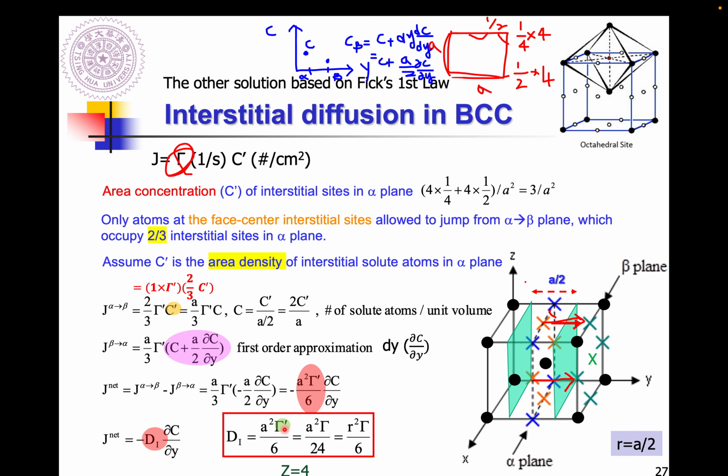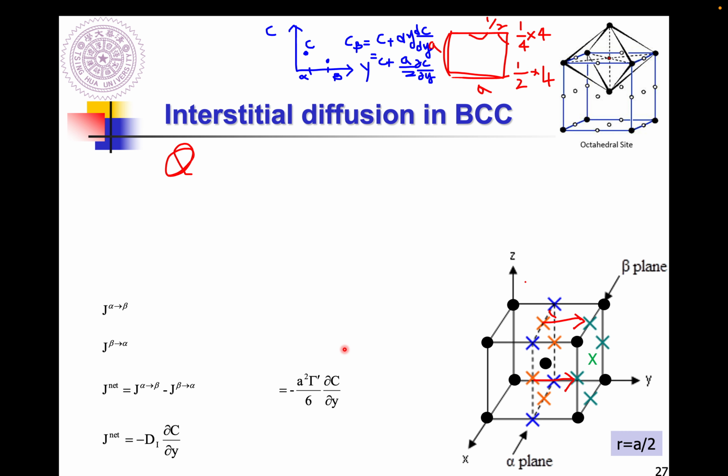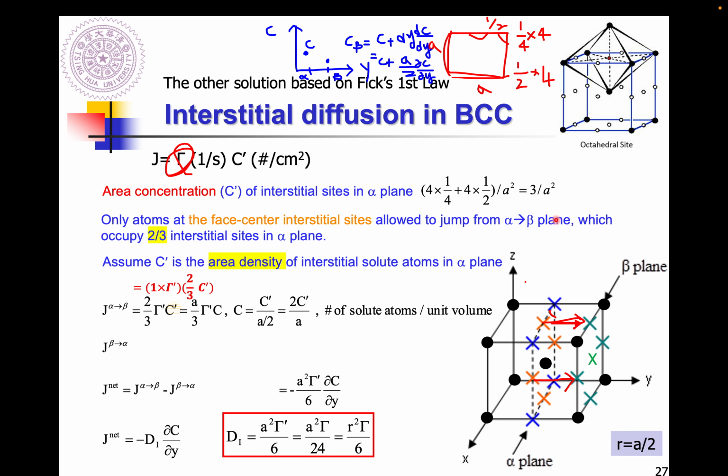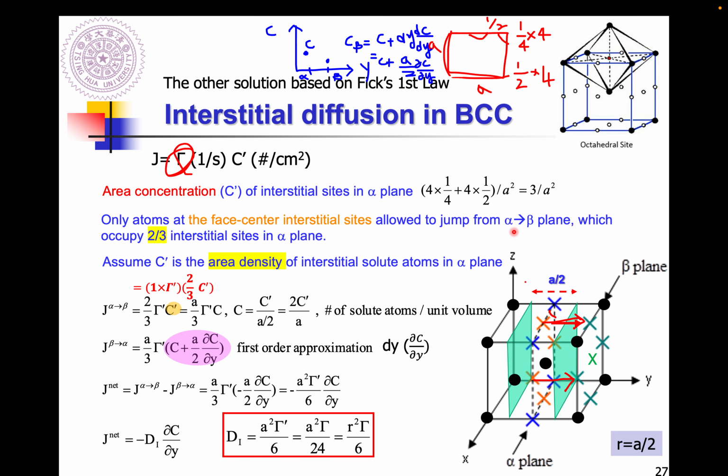But when you want to convert it back, this z is the one you get from the equation solution. The z is here, and r will be used from this part, not the one you determine in Fick's first law. So in terms of r, a equals 2r. It's nothing related with here.